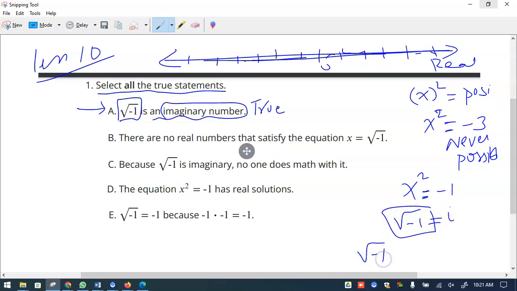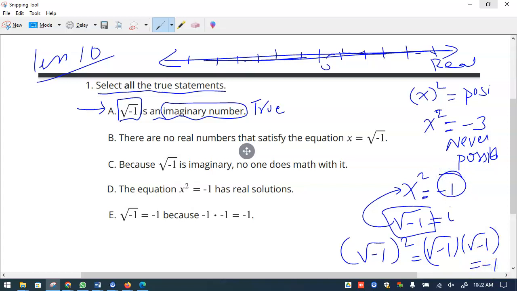If you plug this in here, this part, which is the square root of -1 times the square root of -1, you end up getting -1, which is right here. So this is a solution to this equation, and that's why we call it a complex solution, an imaginary solution, not on the number line, but something different.